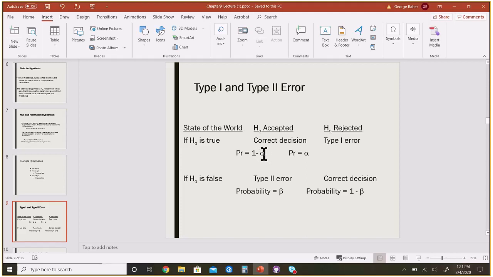So p and alpha will get compared. And basically, if p is less than alpha, then we're going to reject, and if p is greater than alpha, we're going to accept the null hypothesis. You said alpha was the error, right?